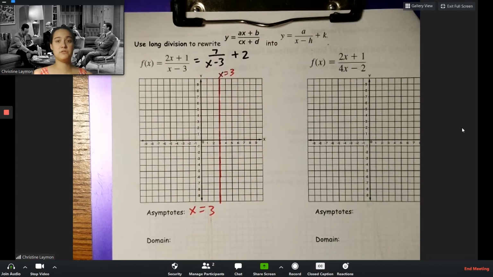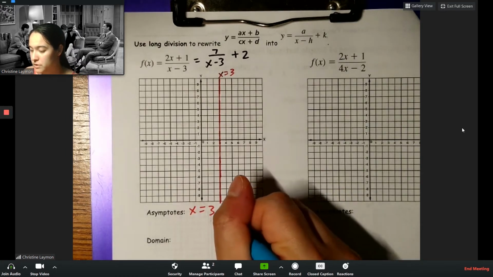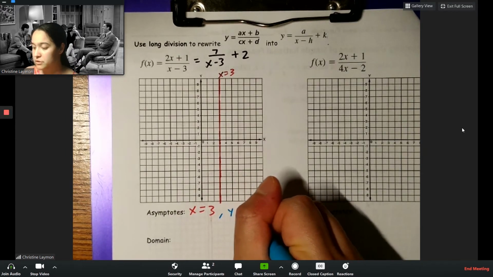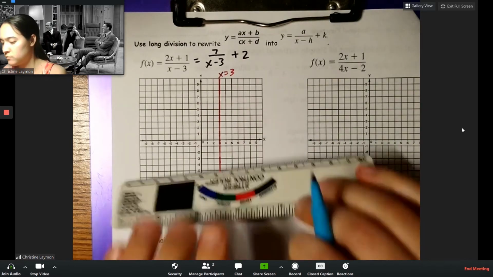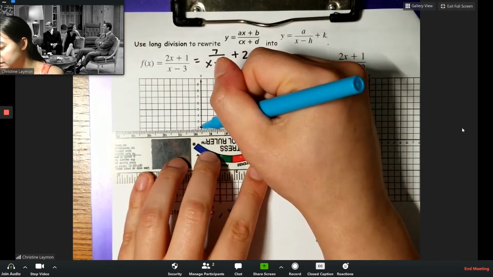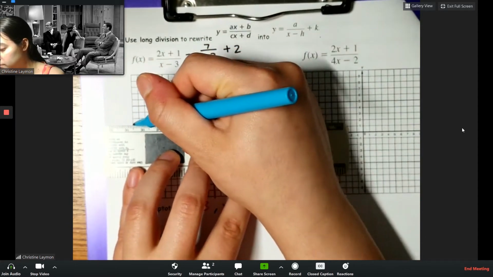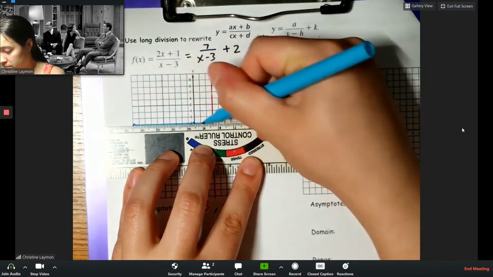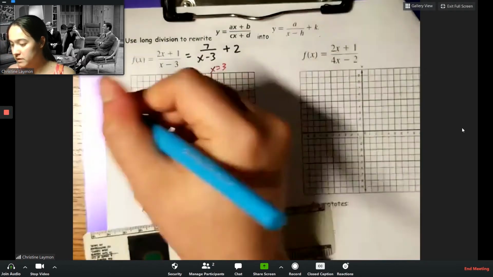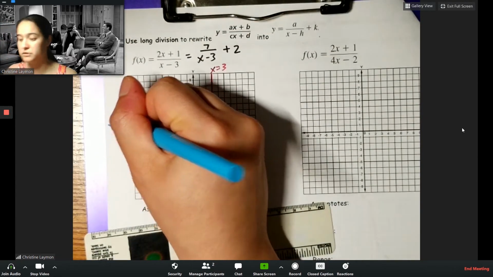And let's go ahead and do the next one. Y is 2. So the other asymptote is y equals 2. So come up to 2 on the y-axis. Go ahead and make your horizontal line. Okay, and so this one here is y equals 2.